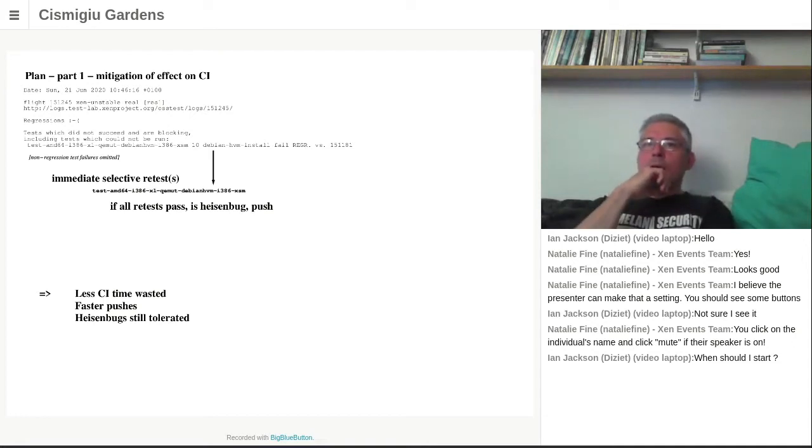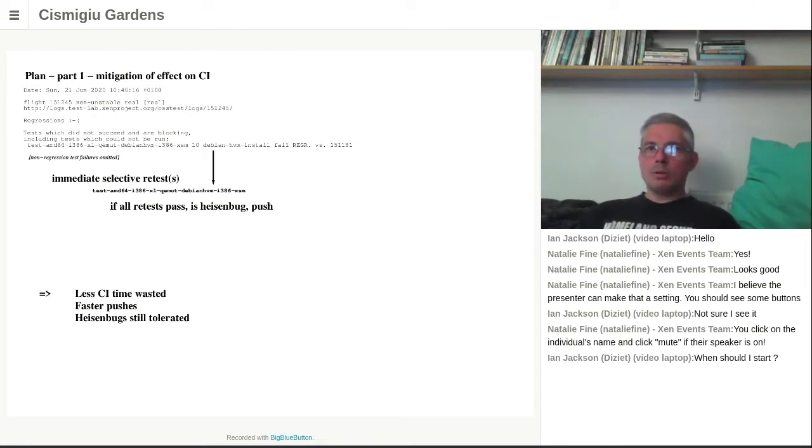I'm intending to retest only the failing tests immediately. That should be relatively quick because there won't be very many of them, and I'll give it a high priority. That ought to mean that most of the time we'll get a push first time round, or at least after the selective retest. And this will waste less of our machine time.